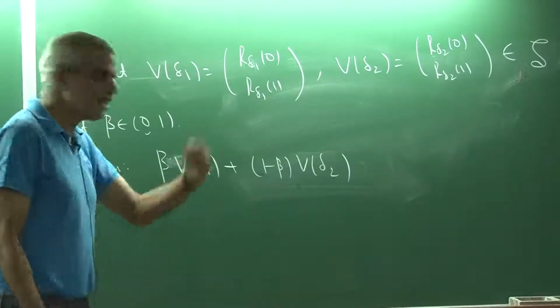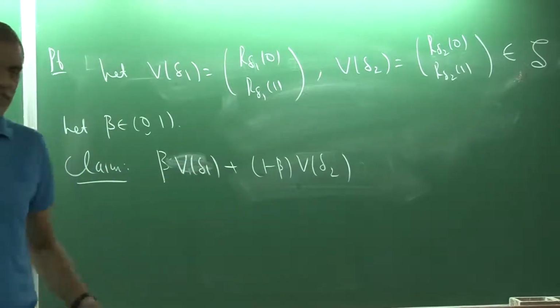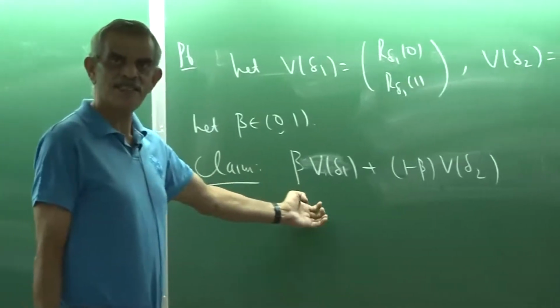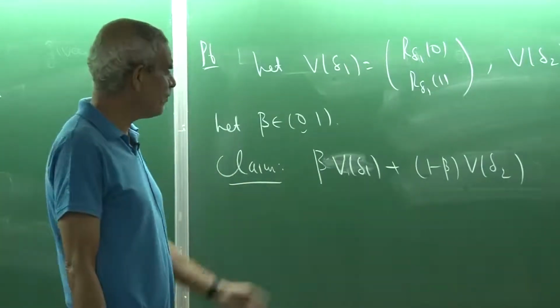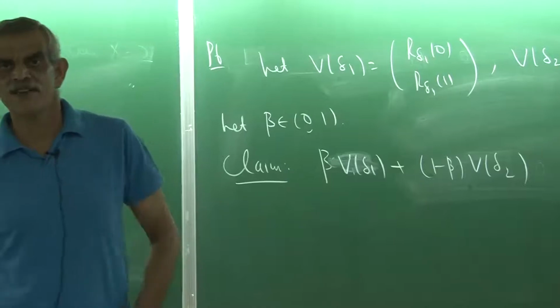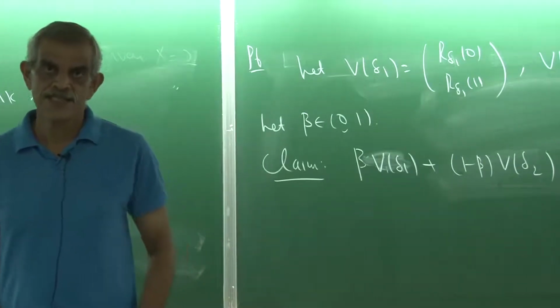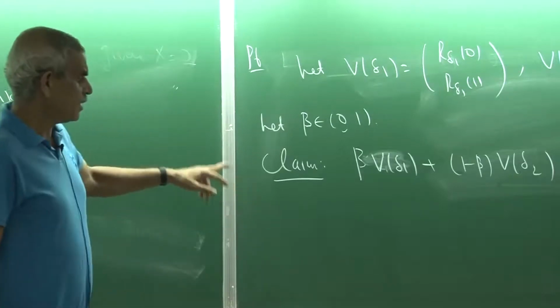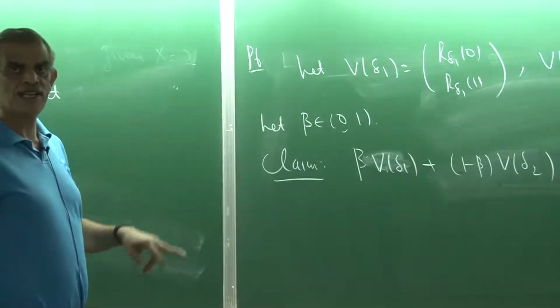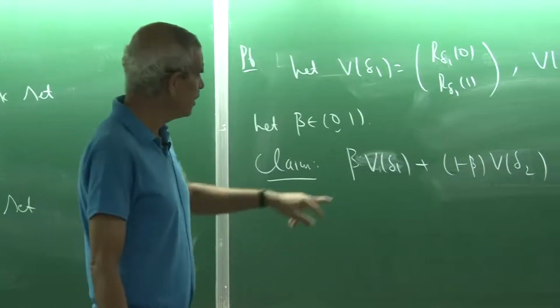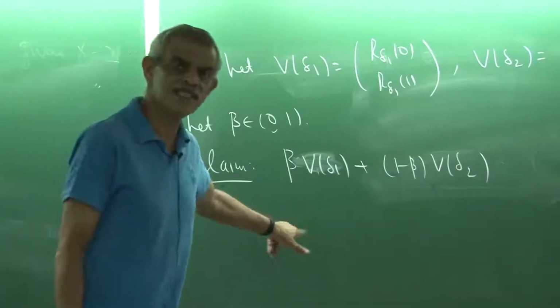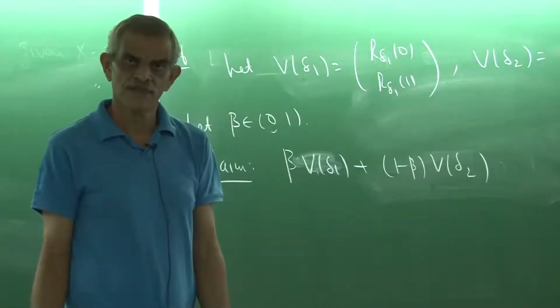So what should be a natural contender for which this would be a risk set? The natural contender would be beta times delta 1 plus 1 minus beta times delta 2. So if I can show that the risk of beta delta 1 plus 1 minus beta delta 2 is same as this, that means it is a risk of some decision rule.